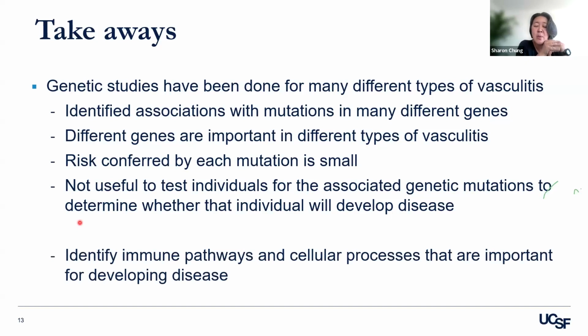What are the immune pathways that are important for diseases? What are the cellular processes that are important for developing disease? And so while we may be disappointed that we don't have a genetic test at the end of the day, we still learn quite a bit about the different types of vasculitis when we do these studies.